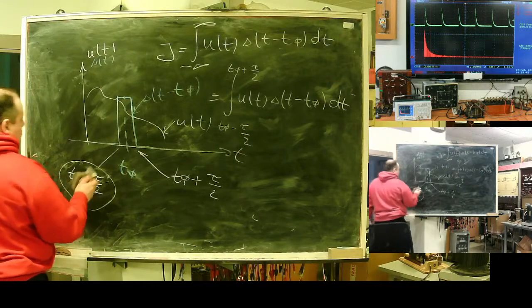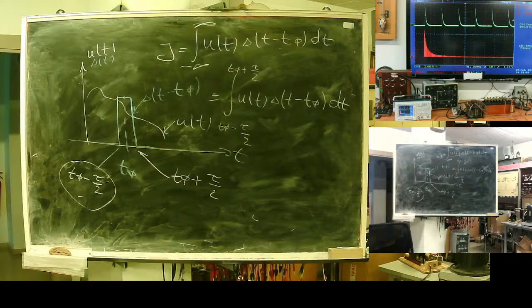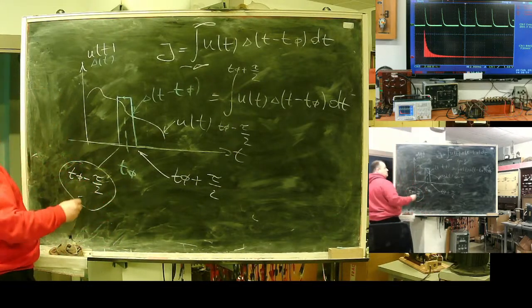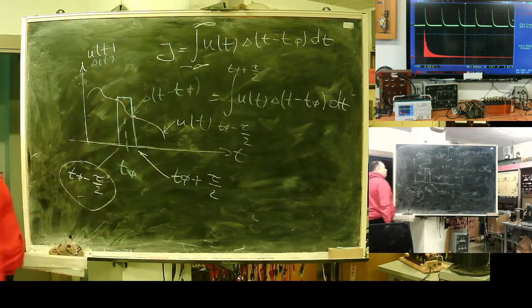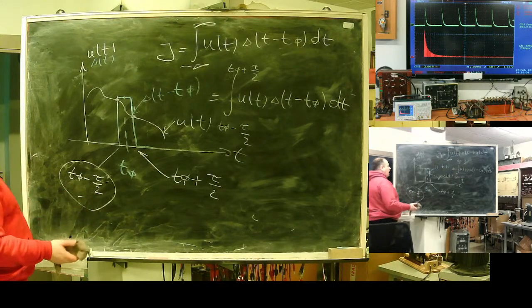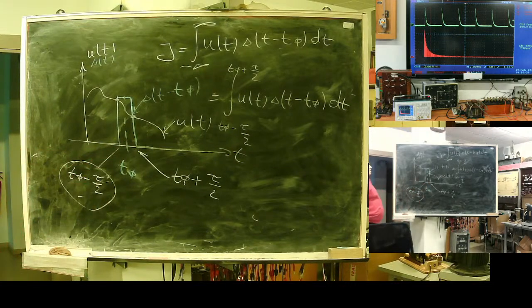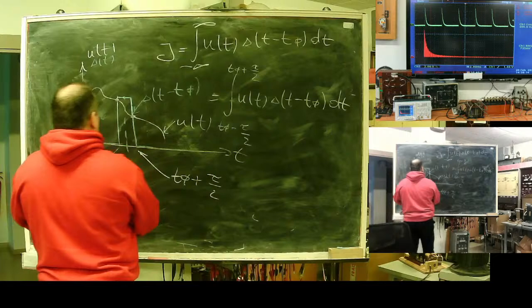For any real signal, I can select tau small enough so these 2 points will be nearly equal. I can select this time small enough to achieve what?